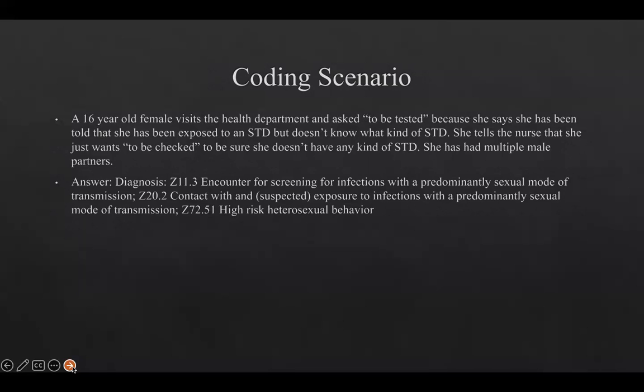We're going to use Z11.3 for the encounter for screening for infections with a predominantly sexual mode of transmission. That is the screening portion. And then we're going to use Z20.2 for contact with and suspected exposure to infections with a predominantly sexual mode of transmission. And then Z72.51 for high-risk heterosexual behavior.